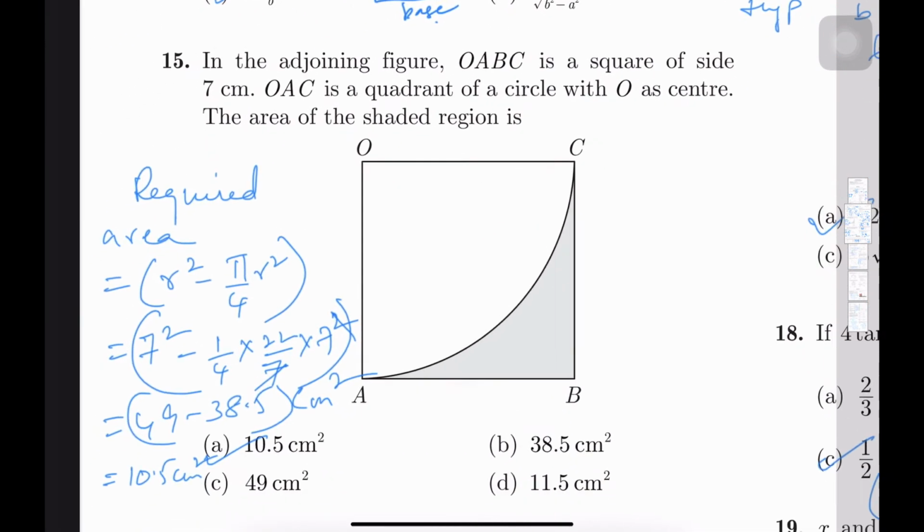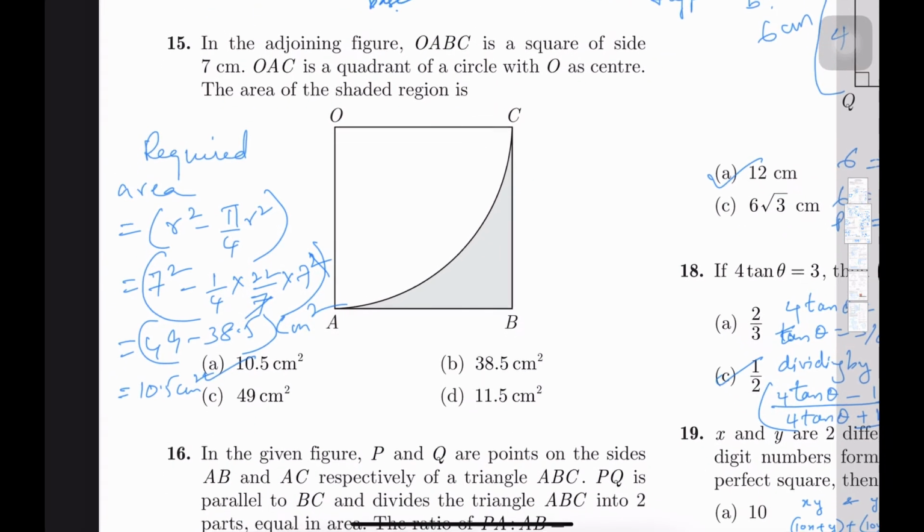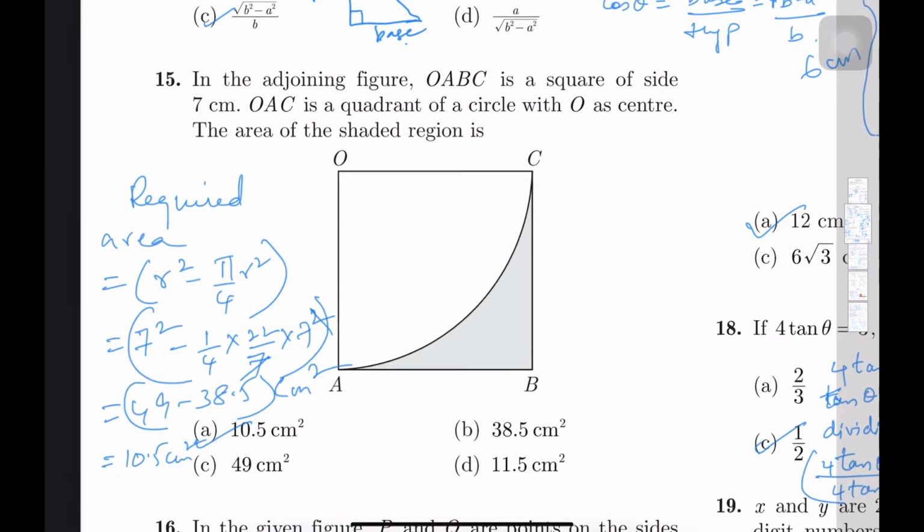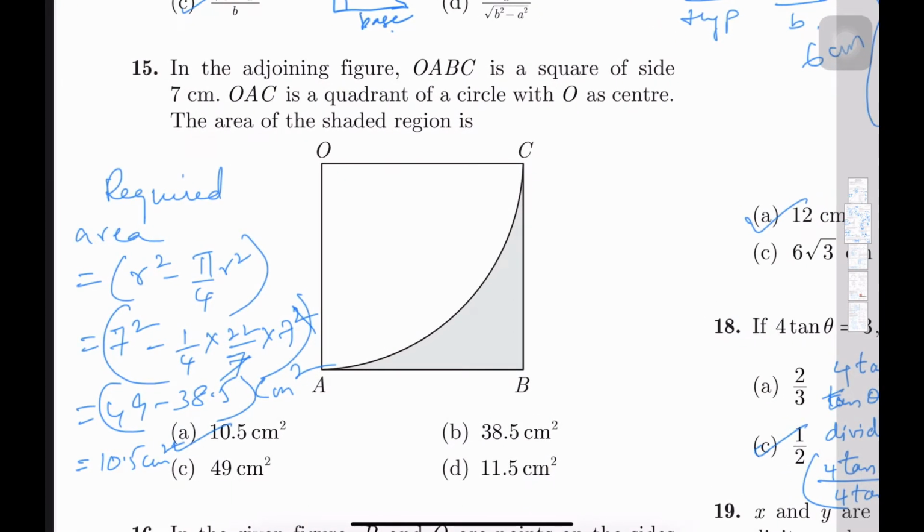Now next, in the adjoining figure OABC, it is a square of side 7 centimeters. So OAC is a quadrant of a circle with O as center. Now you know the quadrant area is nothing but pi r square by 4. What is the area of the shaded region?